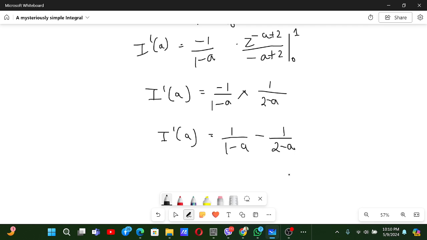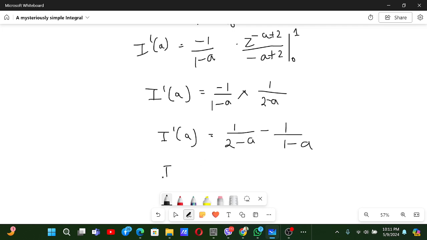It should be the other way around: basically 1 by 2 minus a minus 1 by 1 minus a. In this case we have 1 minus a minus 2 plus a, which cancel out, and that gives minus 1. Okay, this way it works.